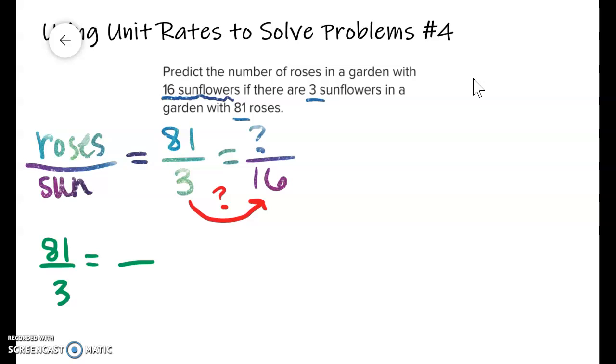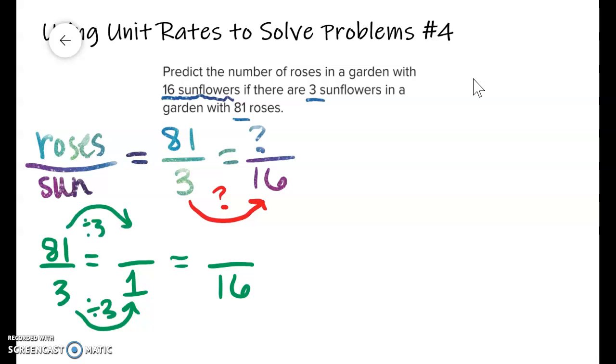And what I'm going to do is turn that into how many roses that is per 1 sunflower, so that I can take that unit rate and turn it into how many roses for 16 sunflowers. So taking a look at 81 for 3, I'm going to divide that 3 by 3 to turn it into a 1.